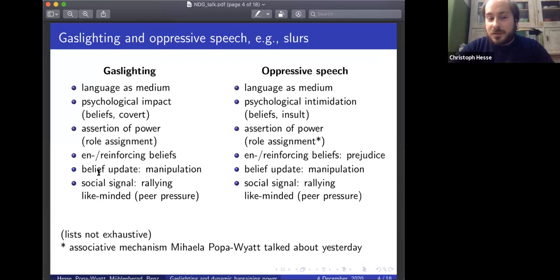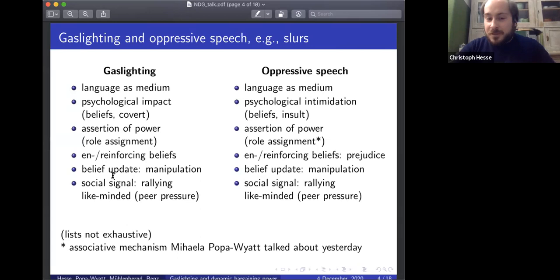So what you're trying to do in both cases is these belief updates. You're trying to convince the victim that things aren't the way they originally thought they were, and you're trying to replace them with your view of the world, with your beliefs. And this can either be entirely replacing beliefs, or it can be a partial replacement.